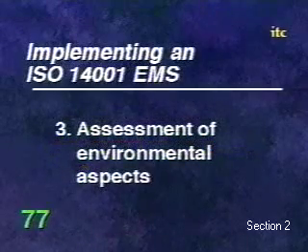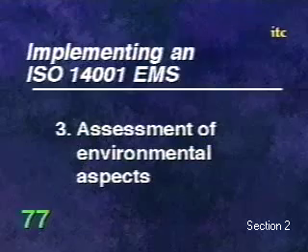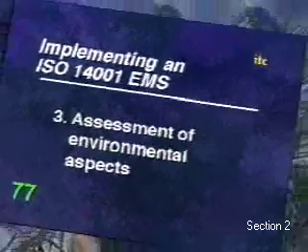Step 3 is an assessment of environmental aspects. An environmental aspect is defined in ISO 14001 as an element of an organization's activities, products, and services that can interact with the environment.